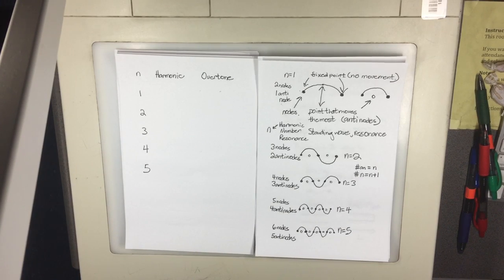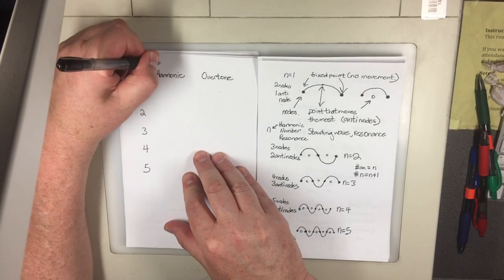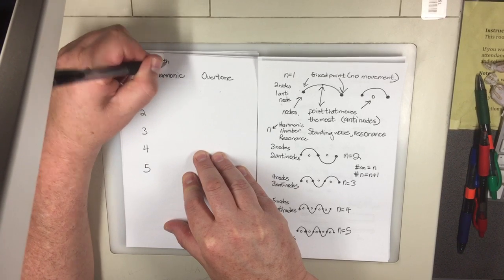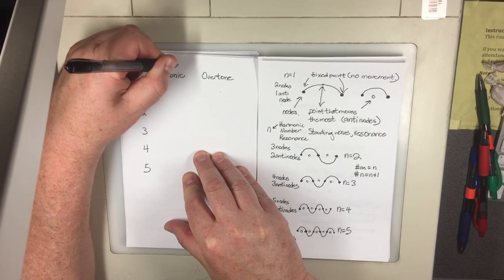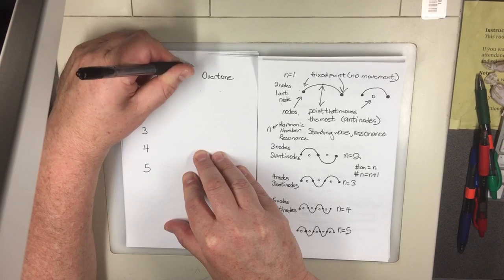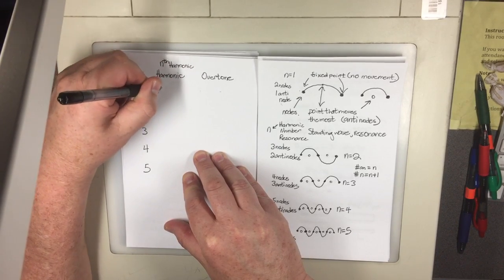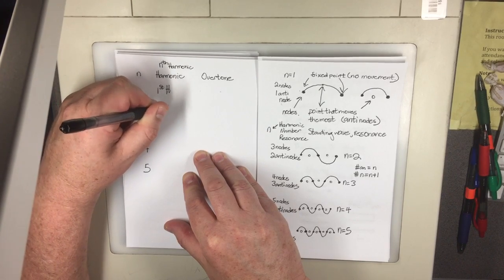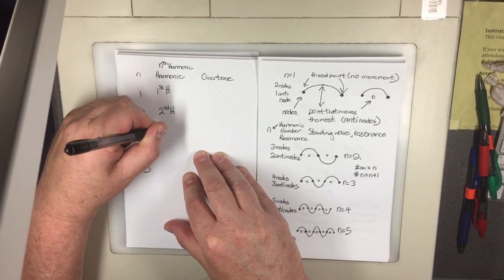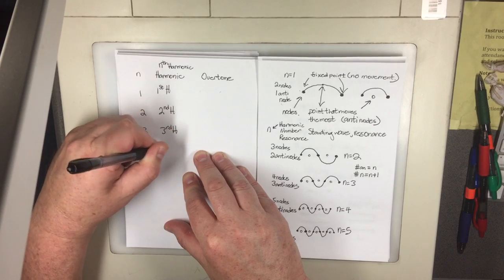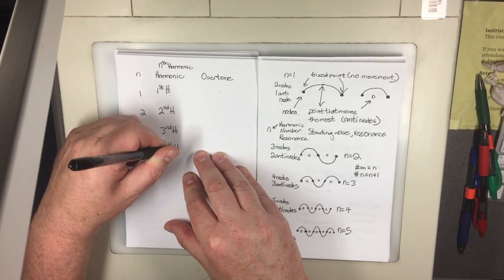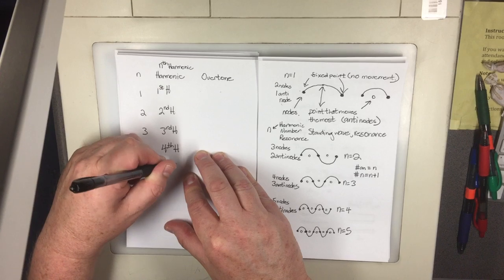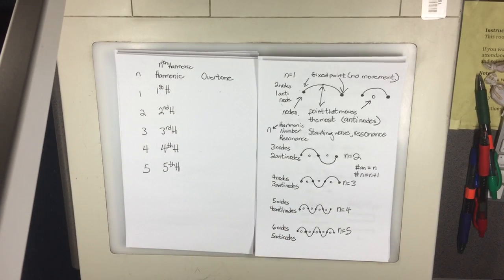In the harmonic system, really all it is is the nth harmonic. So if N is equal to 1, it's the first harmonic. N equals 2, the second harmonic. Third harmonic. Fourth harmonic. Fifth harmonic.